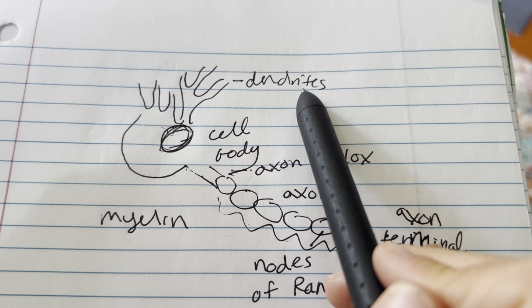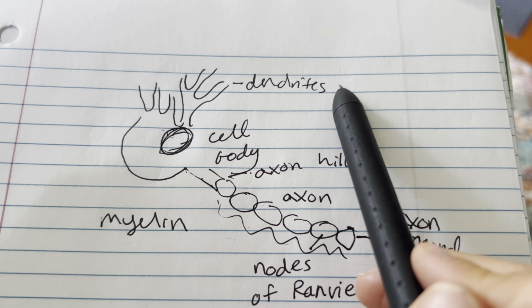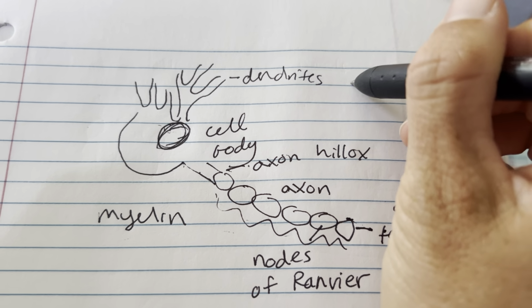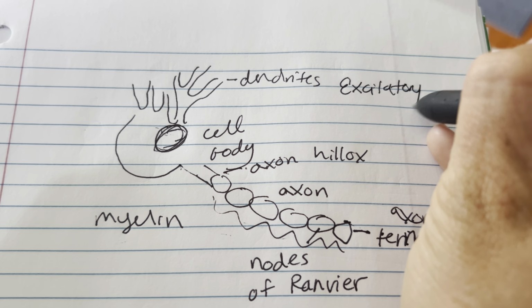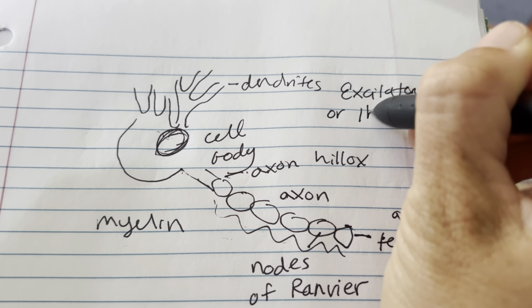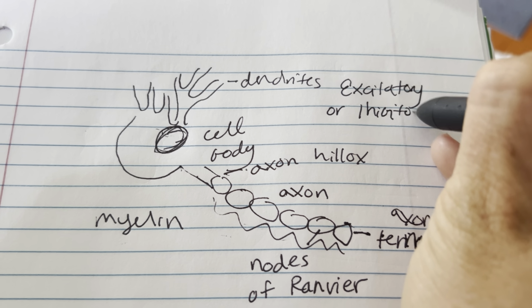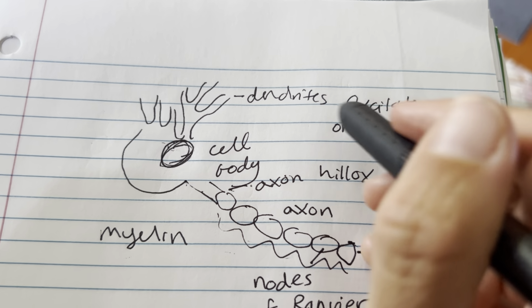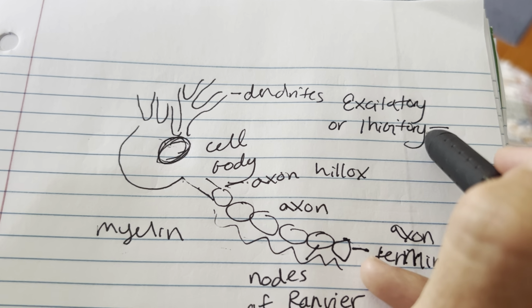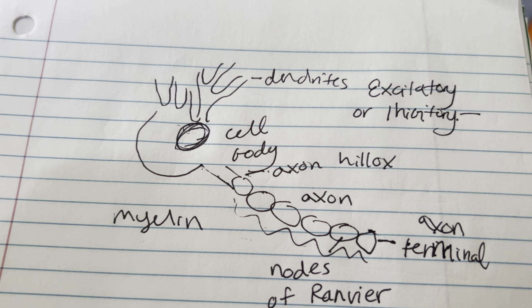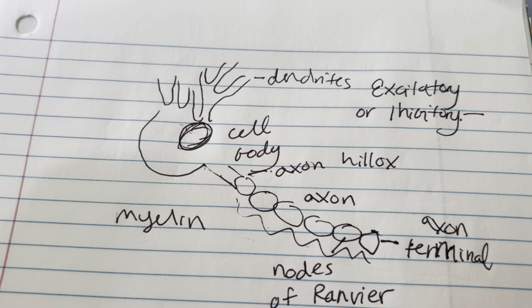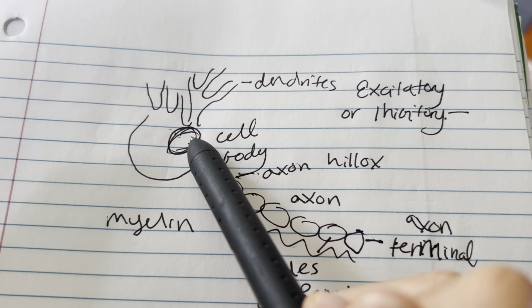And the dendrites will either receive excitatory or inhibitory signals. Now, based off of what it will receive, that is going to determine whether or not an action potential will be carried out.